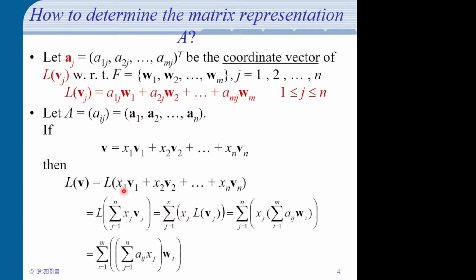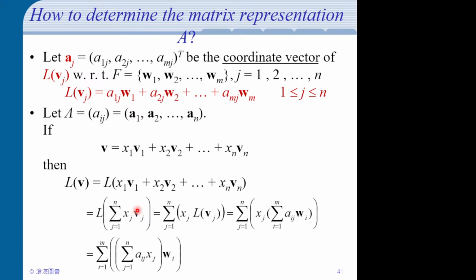It's a summation from j equals 1 to n of xj vj, where j is some dummy variable. So j equal 1 is x1 v1, j equal 2 is x2 v2, and j equal n is xn vn. The second equal sign is just rewriting the summation in another notation.